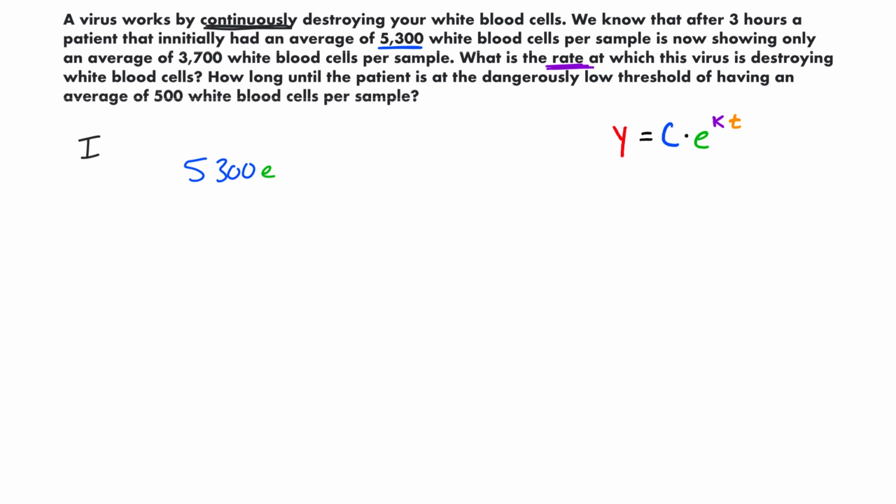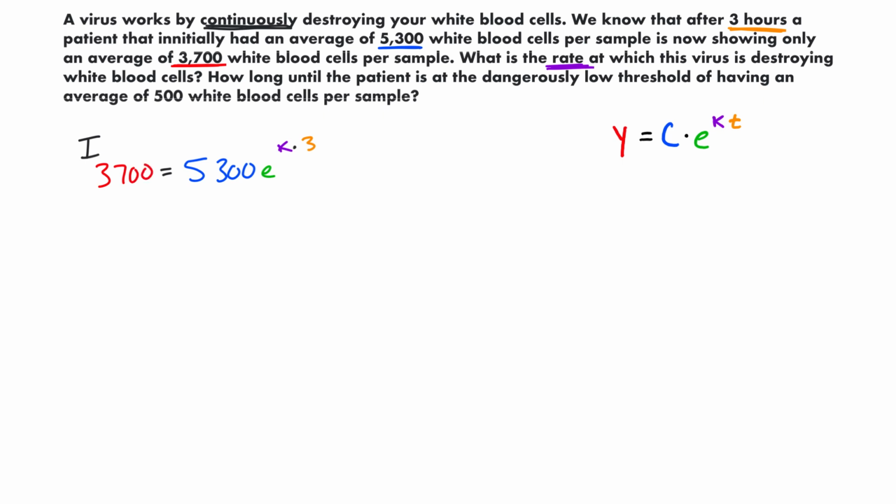That's what we're trying to solve for. So k is just going to stay k, times t. t is going to represent how long we're going to leave it. And we waited 3 hours between samples, so t is going to be 3. After those 3 hours, when we took another sample, we found that there were 3,700 white blood cells. So that's my final amount.